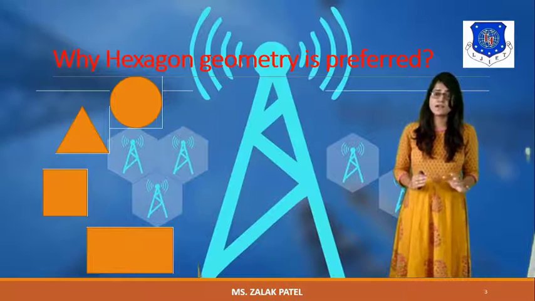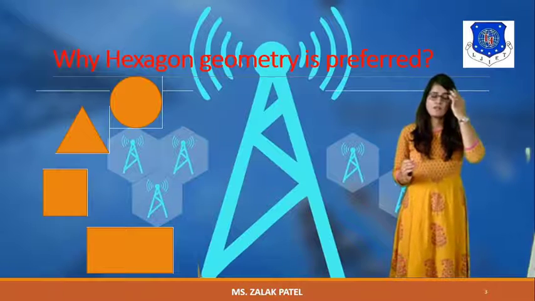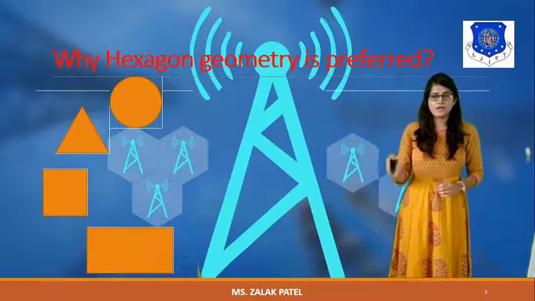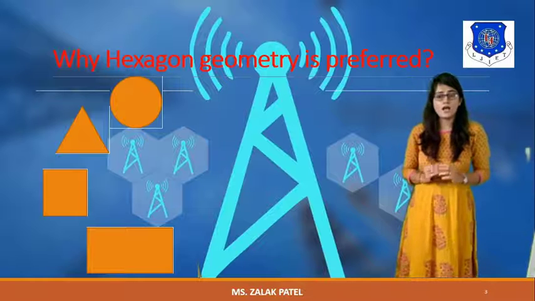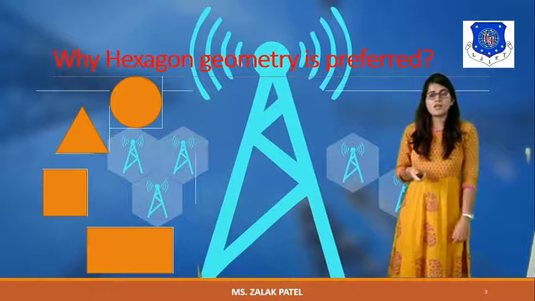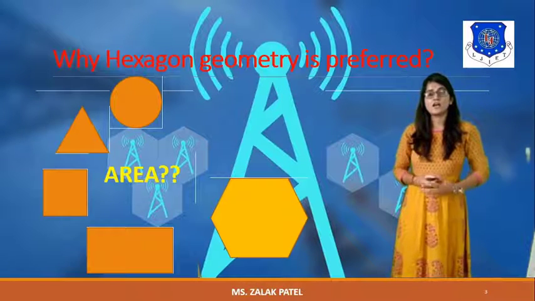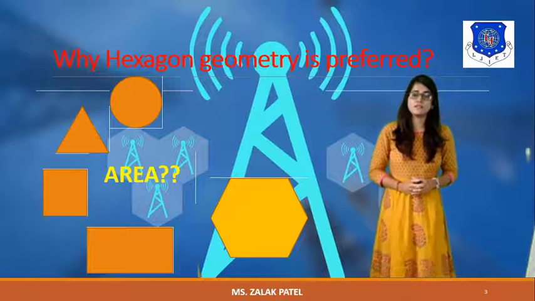In the case of the hexagon, the area covered is given by 3√3 by 2 into A square, meaning the area covered is very high compared to the other shapes. That's why the area covered by the hexagon makes it the most preferred choice over the other shapes.